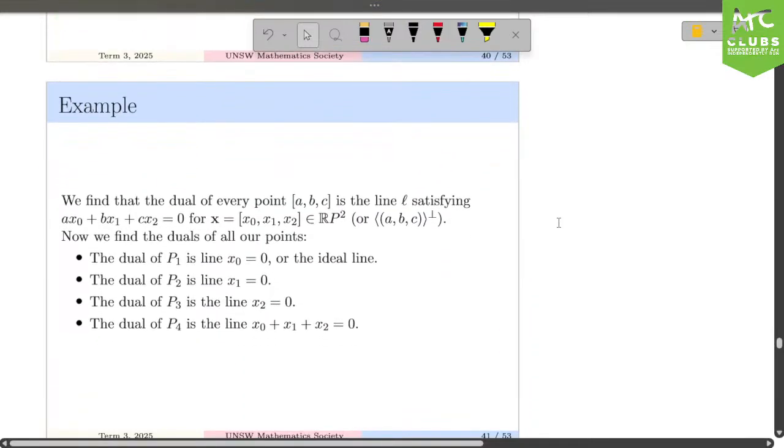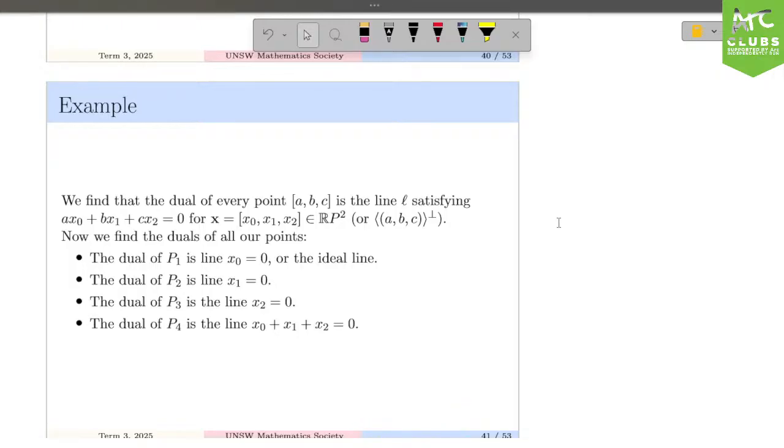So here we just calculated all of the duals. We just get 4 distinct lines. They're like the ideal line, the x-axis, the y-axis, and then this one other random line here.